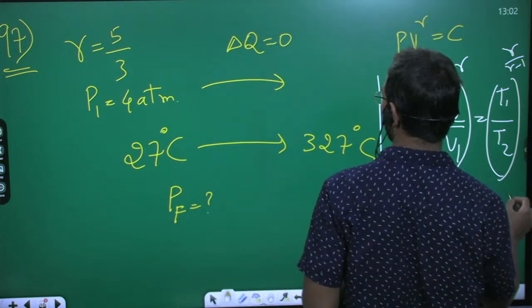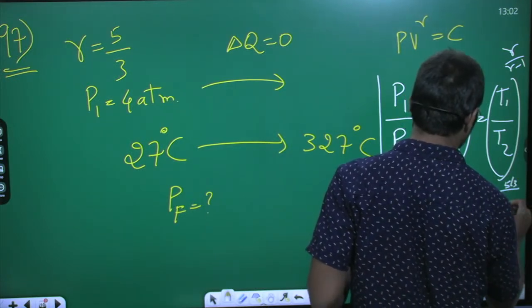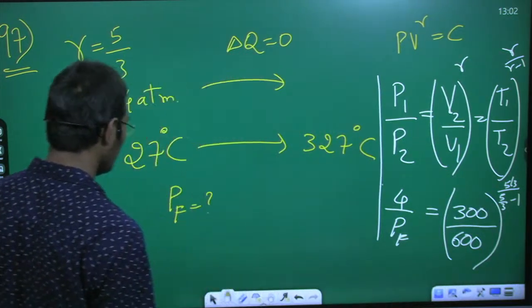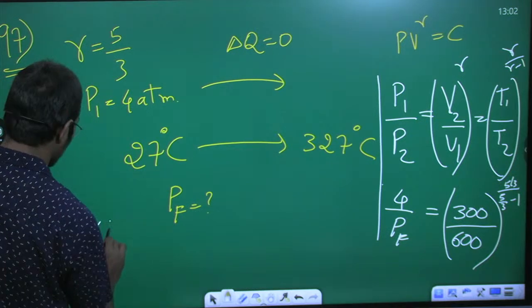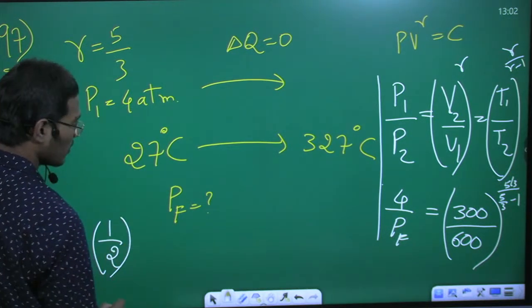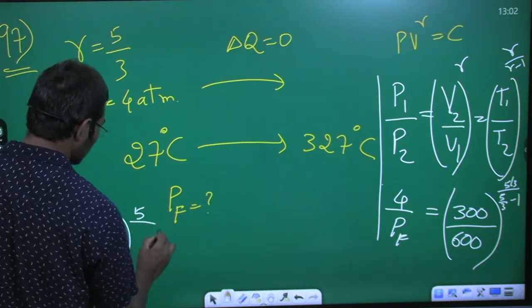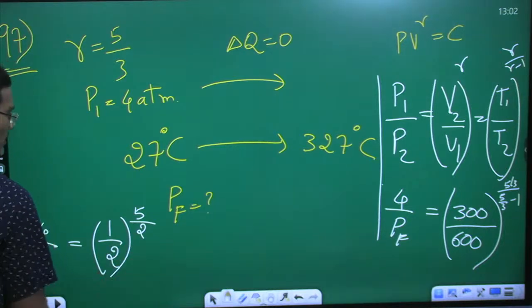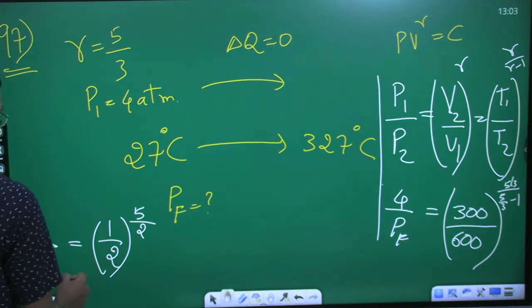What is gamma? 5 by 3. So 5 by 3 by 5 by 3 minus 1. What do you get? 4 by Pf, 1 by 2, so 5 by 2. After simplifying, 5 by 5 minus 3, 5 by 2.